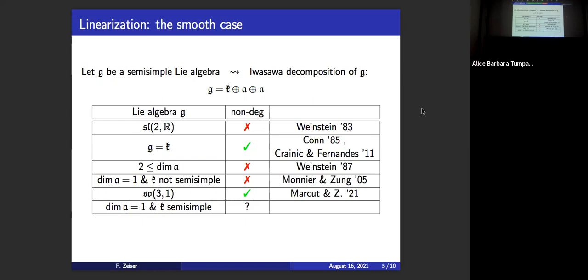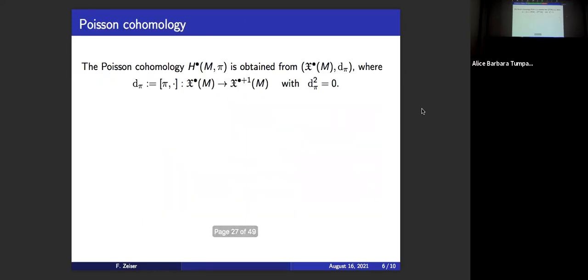And well, one important ingredient is that of Poisson cohomology. That's a cohomology which is naturally associated to any Poisson structure. It's formulated on the space of multi-vector fields on the smooth manifold, and the differential is just given by taking the Schouten-Nijenhuis bracket and plugging the Poisson structure into the first slot.